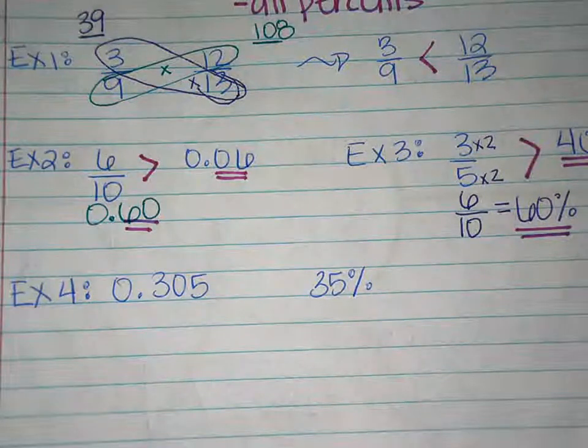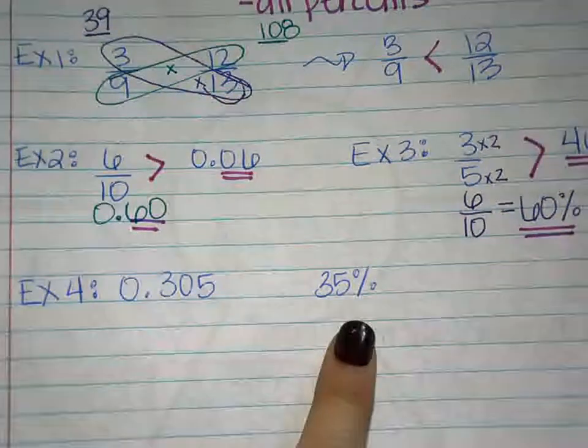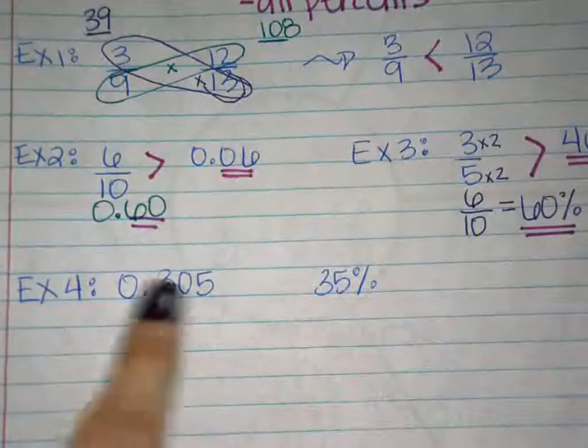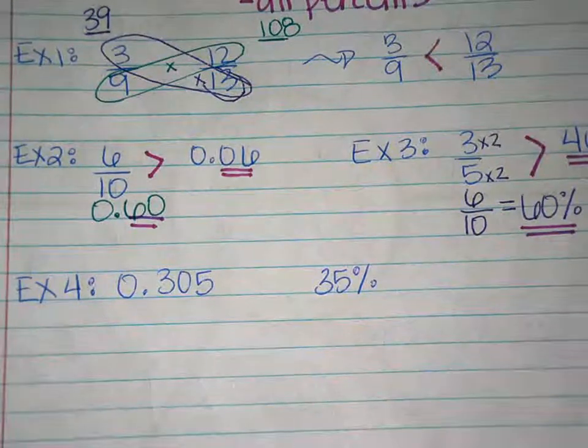Everyone answer that question for me. You either need to change the decimal to a what? Percent, or change the percent to a decimal. So everyone do that for me.